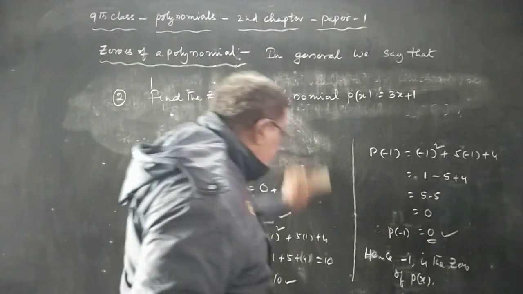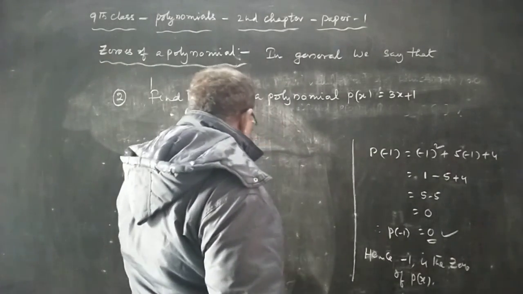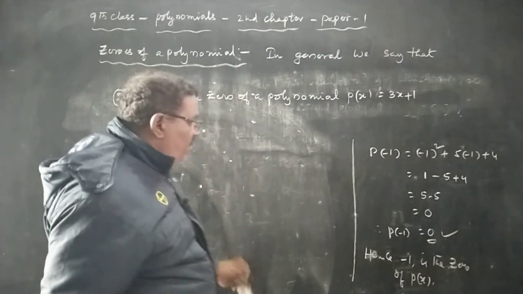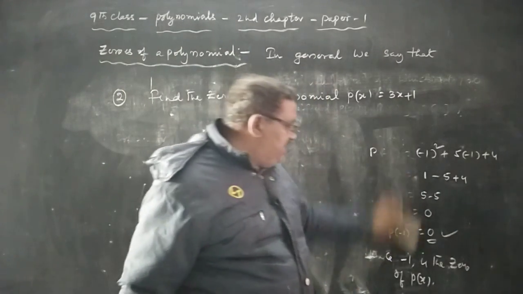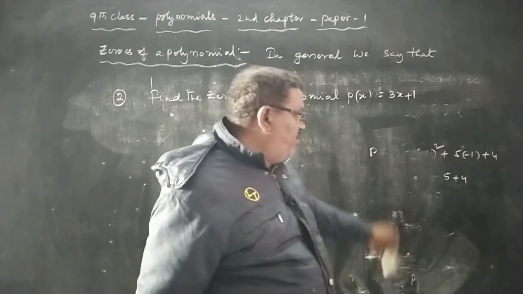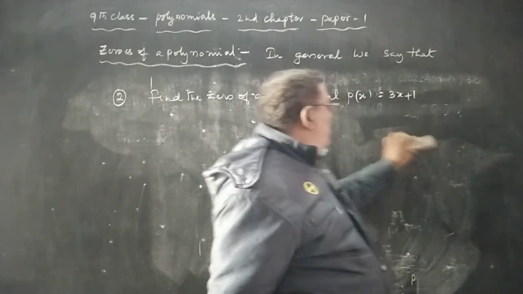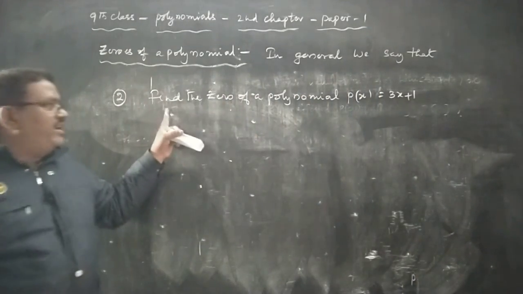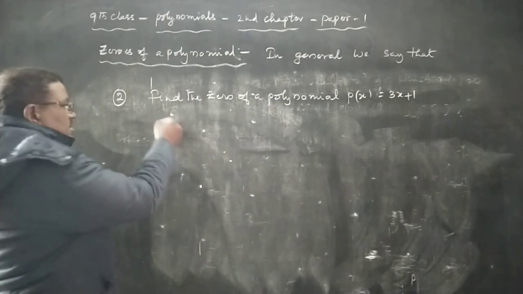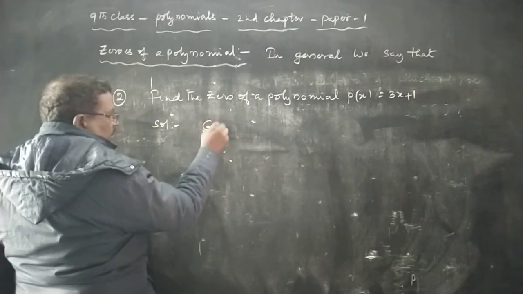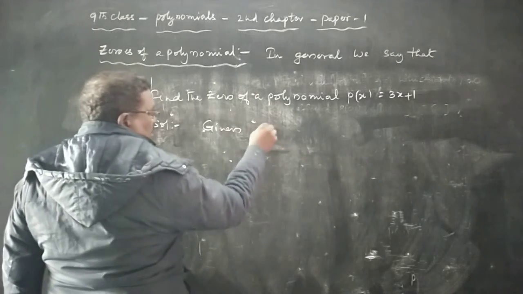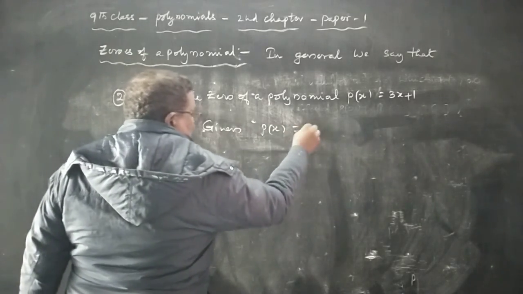According to the previous definition, in general, p of x is a polynomial. For what value of x is p of x equal to 0? Then x is said to be the zero of the polynomial. So here we need to find the zero of the polynomial. Solution: given polynomial p of x equal to 3x plus 1.